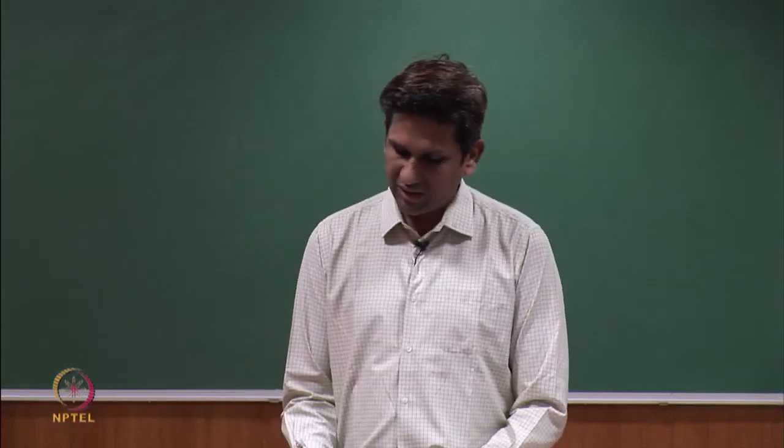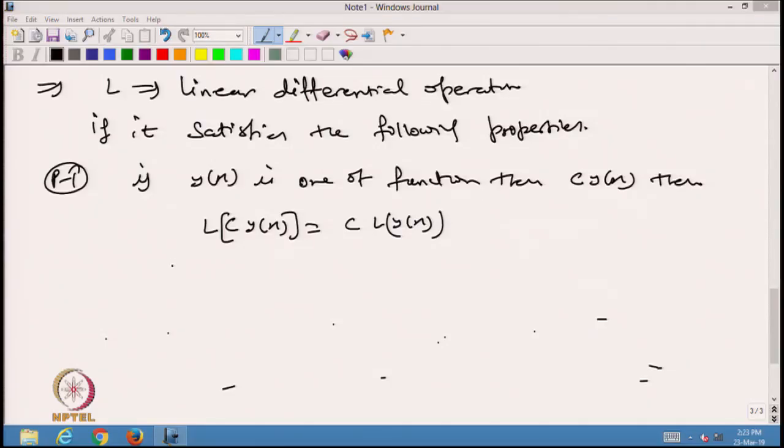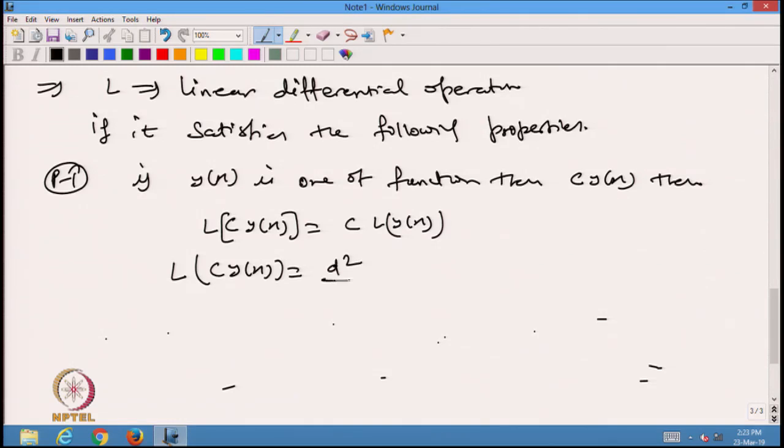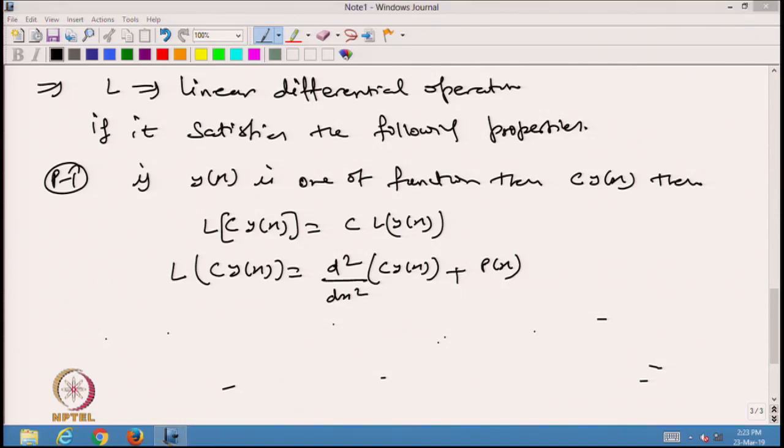This we can very easily verify: L of C y(x) is equal to d square over dx square of C y(x) plus p(x) d by dx of C y(x) plus q(x) C y(x). I am taking the same differential operator which we have defined in equation 1a.